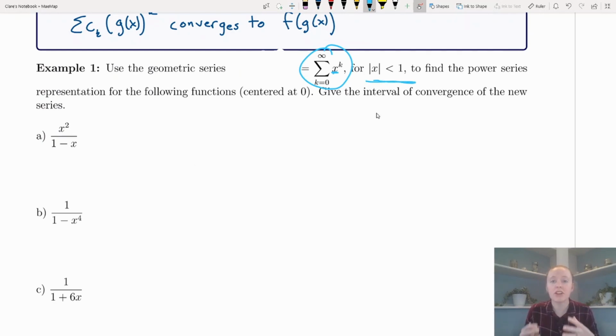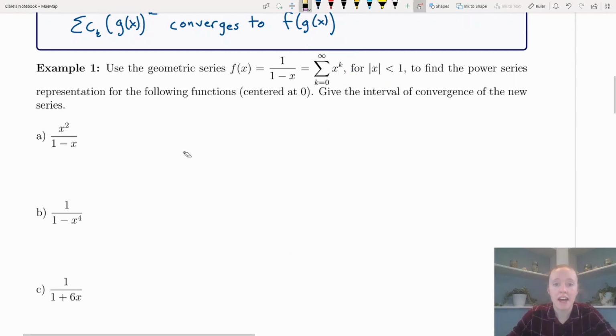And if our geometric series converges, what does it converge to? Well, that's our a over 1 minus r, right? But in this case, our r value is x, and our a value is just going to be 1. So you can see 1 over 1 minus x is what my series is equivalent to. That's my f of x.